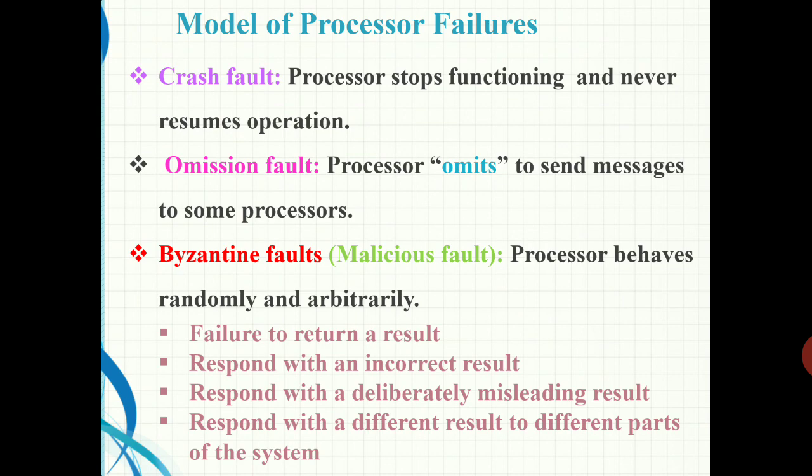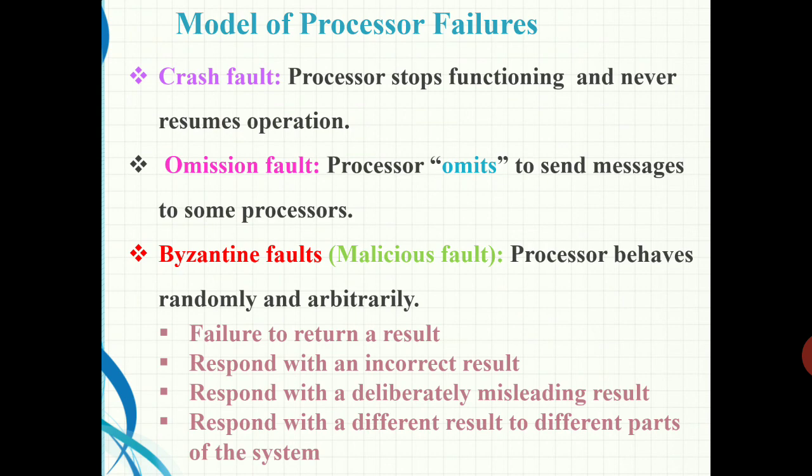Then the most important fault in the processor is the malicious fault, that is also called Byzantine fault. A processor behaves randomly and arbitrarily in this Byzantine fault. That means it does not send correct information. It can be disloyal at any time.